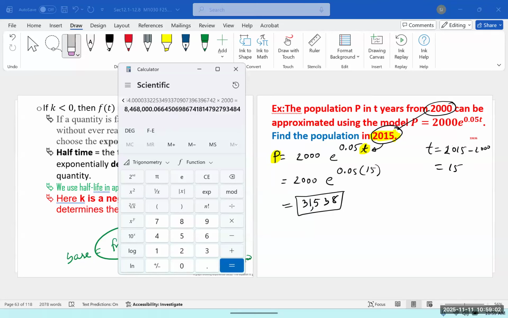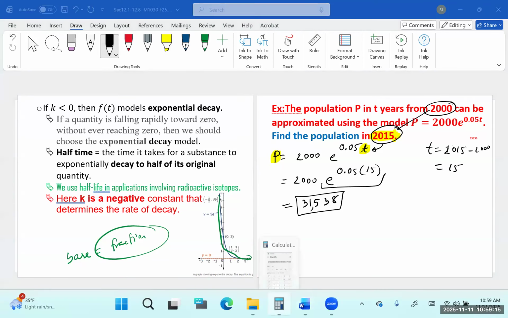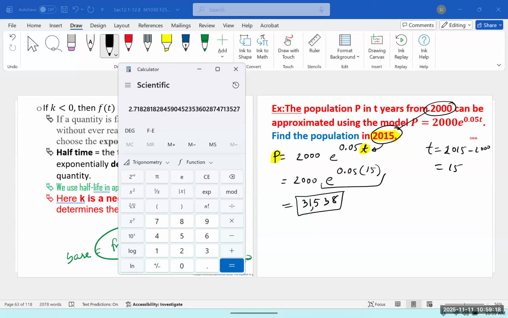Wait, let me get the exponent first. So first, let's do the exponent here. So e to the power, this is our power button. Inside the power, we have 0.05 times 15. Close the parentheses. Times 2,000.